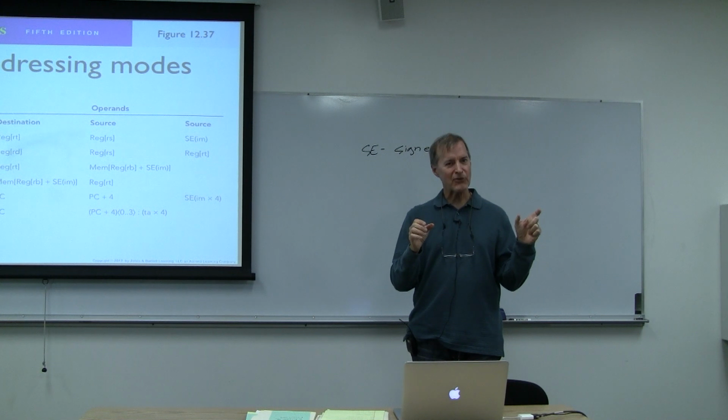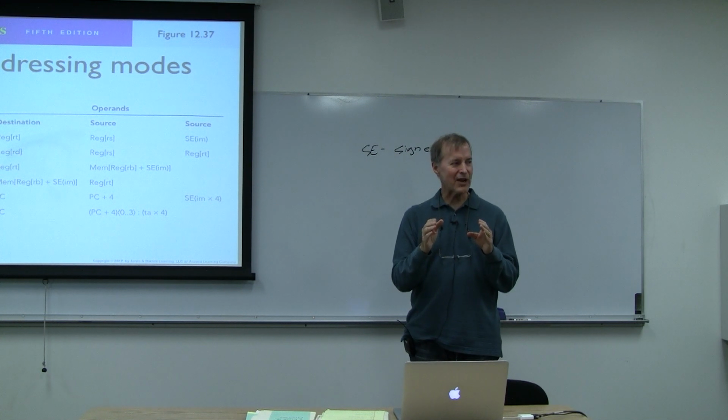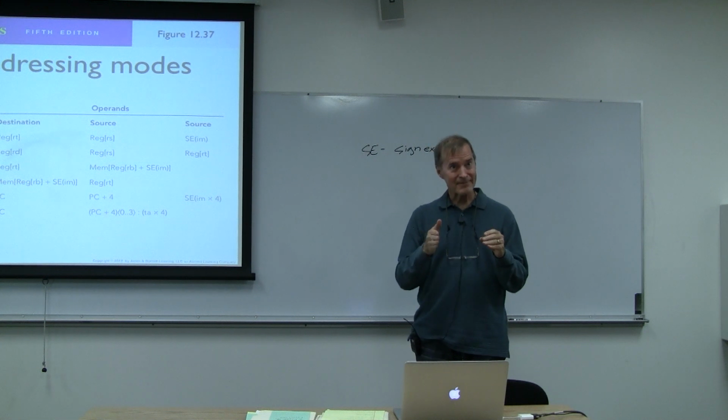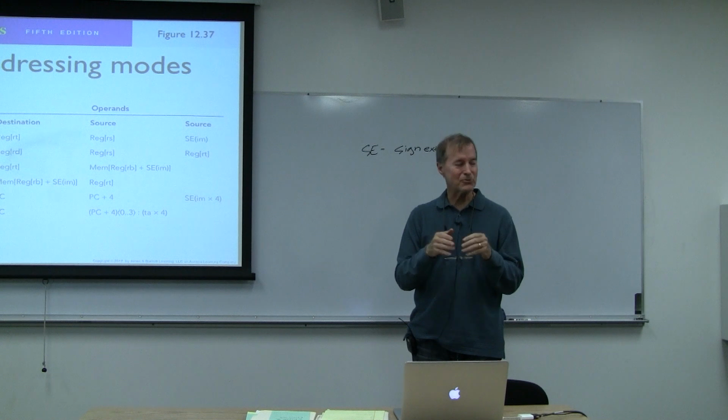Because you have to have room for the opcode. Do you see what we're saying? But all the instructions have to be the same length. So that means we can't store a 32-bit value in the immediate field. So we can only store up to something less than 2 to the 32.